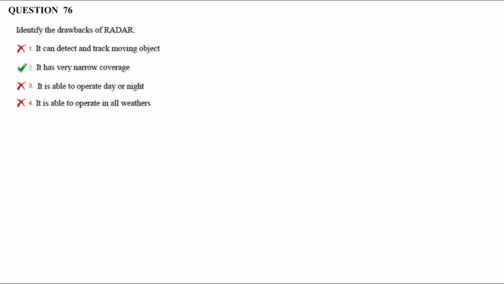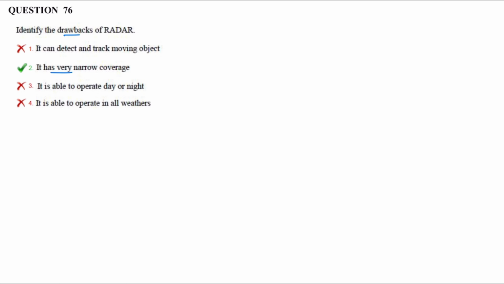Question number 76. Identify the drawbacks of radar. Option 1, it can detect and track moving objects. So it is not a drawback. Option 2, it has very narrow coverage. So option 2 is correct. It is a disadvantage, so that is a drawback.